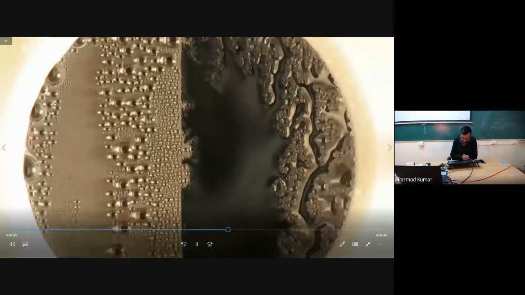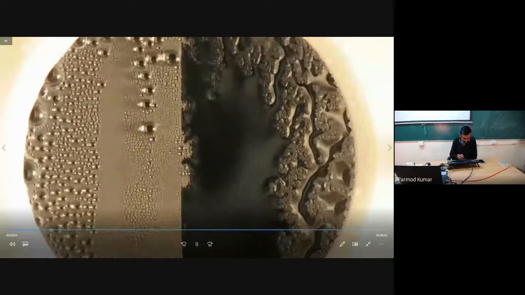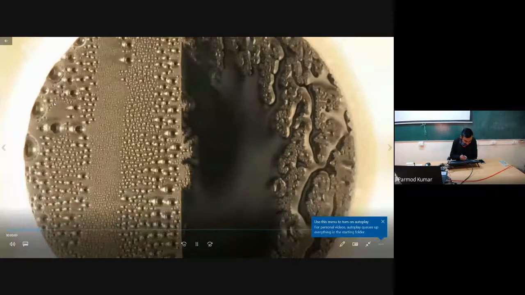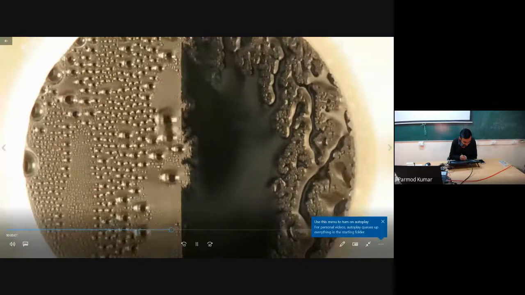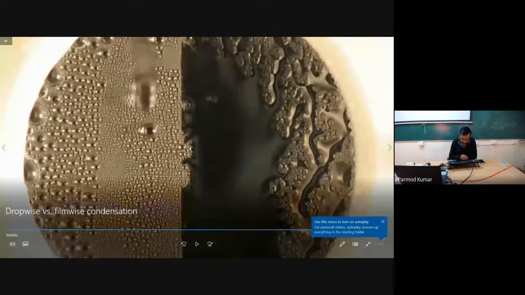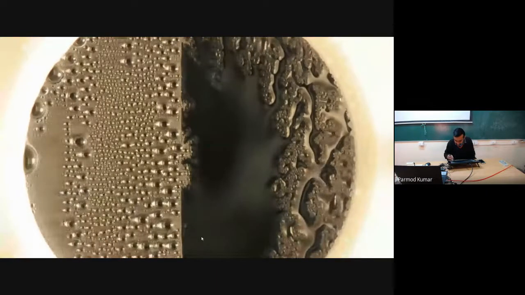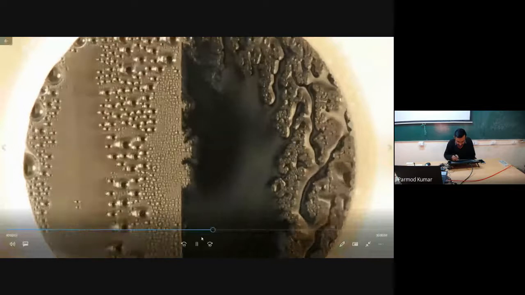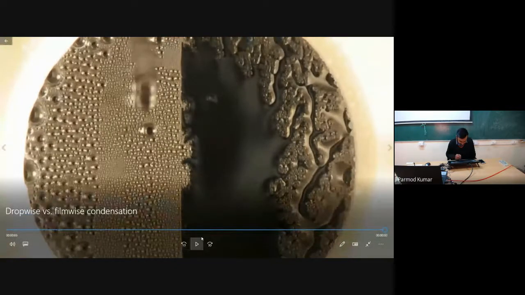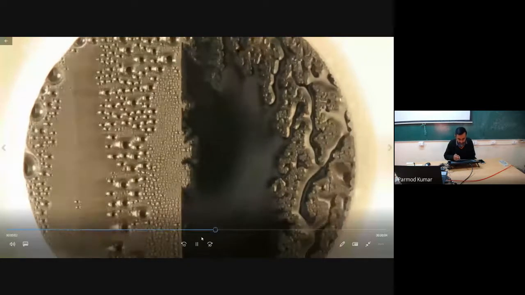So here you can see the drop on the left hand side suddenly leaving the surface, and then once again a number of micro drops are forming. This type of phenomenon is drop-wise condensation. And on the right hand side, you can see that we have a continuous film of liquid, because of which the formation of micro drops is not there.